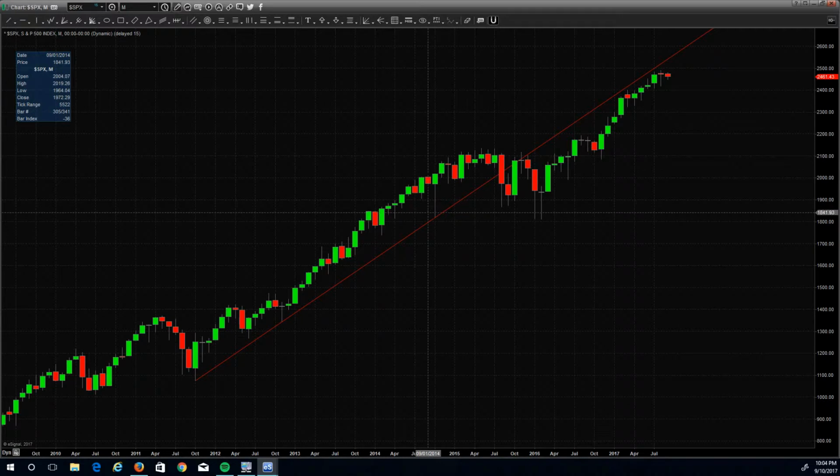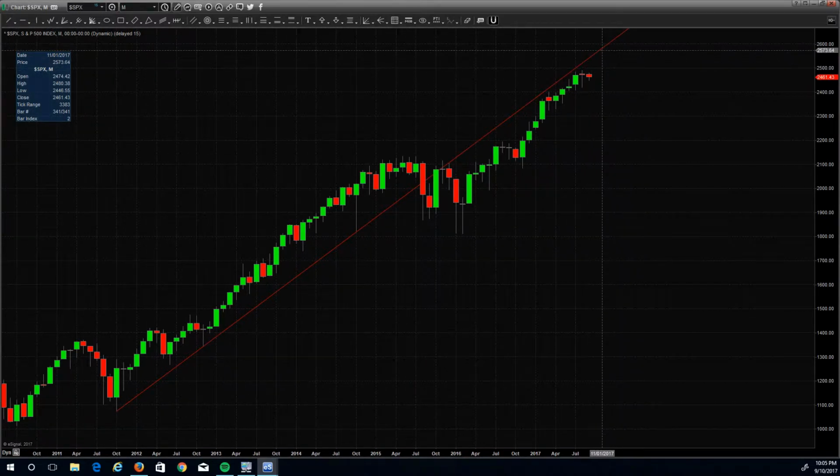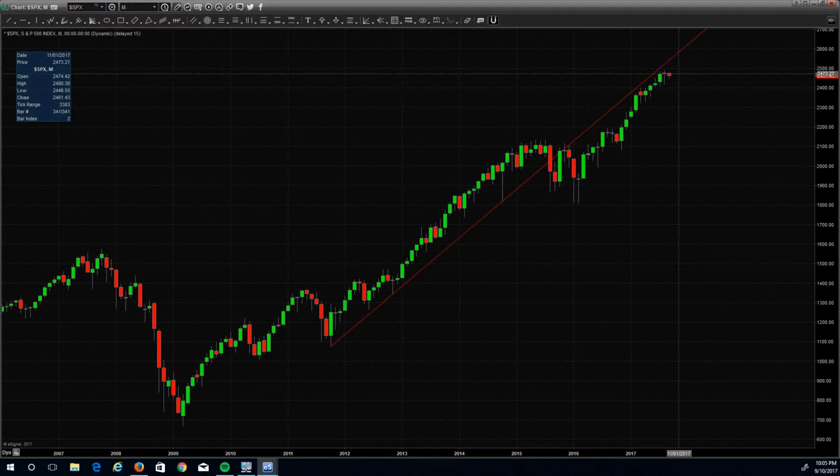Over here it was support, and over here it became resistance, which is an interesting dynamic. So going forward, as time progresses and prices move on, I would like to see if prices do start going up, to see if this behaves as support and resistance. It's a good indicator of where the market will most likely travel.